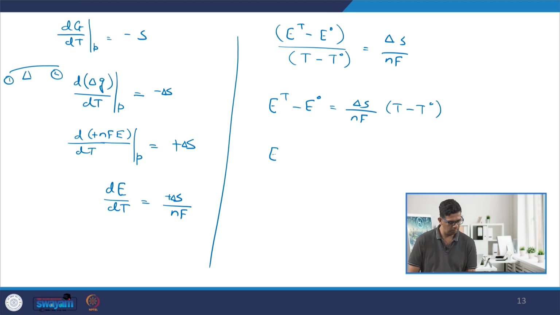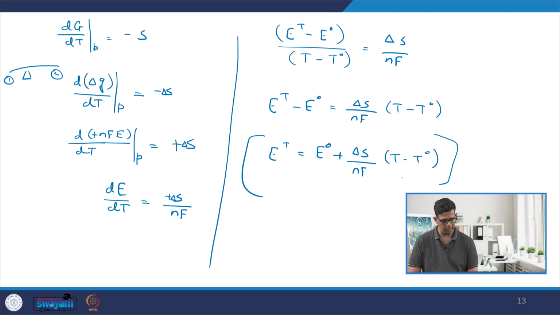And if I now write it for Et, Et is equal to E naught plus the change in the entropy divided by nF, multiplied by T minus T naught. So, this is the expression that defines the changes in the cell potential for any arbitrary temperature T, provided we know the change in the entropy and we know the temperature at which the cells are operated.